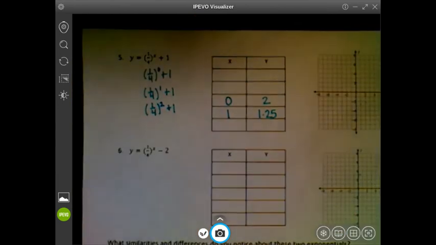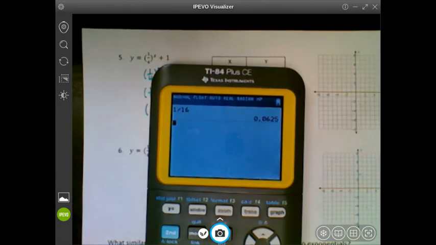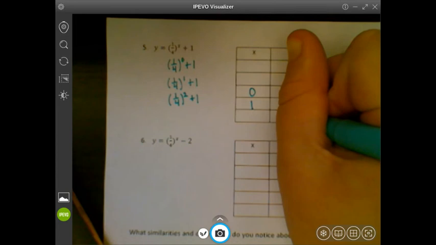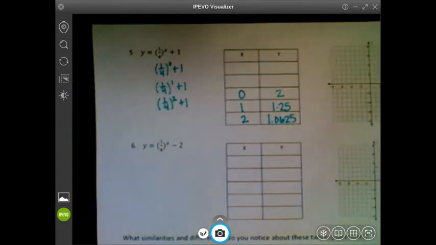Well, 1/4 squared is 1/16, and 1/16 plus 1, I don't know the value of 1/16 off the top of my head, so you can just use a calculator if you want. 1/16 plus 1. So that's 1.0625. And that's the value we get when we plug in 2.